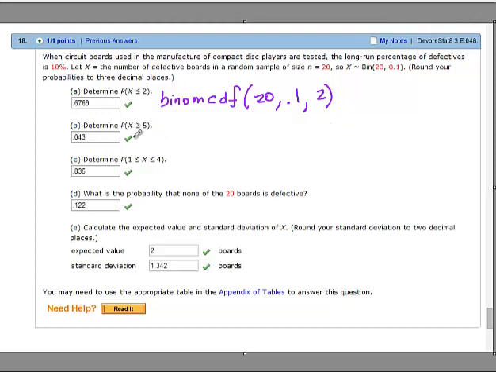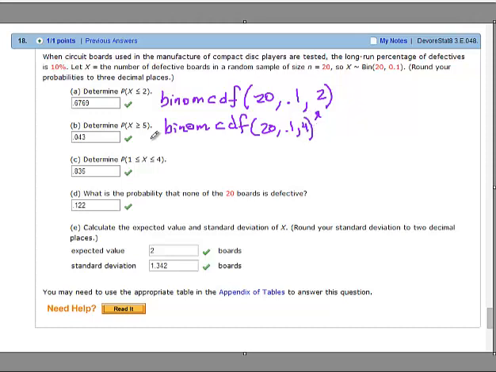Now to figure out how to go the other way, because this says the probability that x is greater than or equal to 5, that means that if I plug it in my calculator with this last value being a 5, I won't get what I'm looking for, because I'll get the probability that x was less than or equal to 5. So I actually want the probability of 0, 1, 2, 3, or 4. So I could do this directly using my calculator, using a binomial CDF 20, 0.1, and instead of using a 5, I'll use a 4.